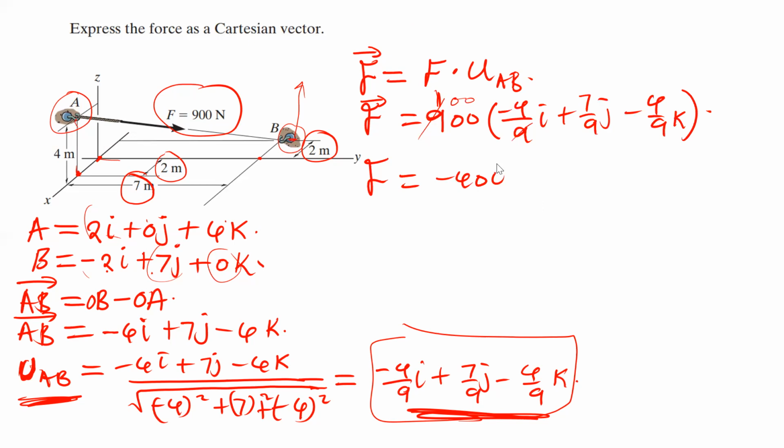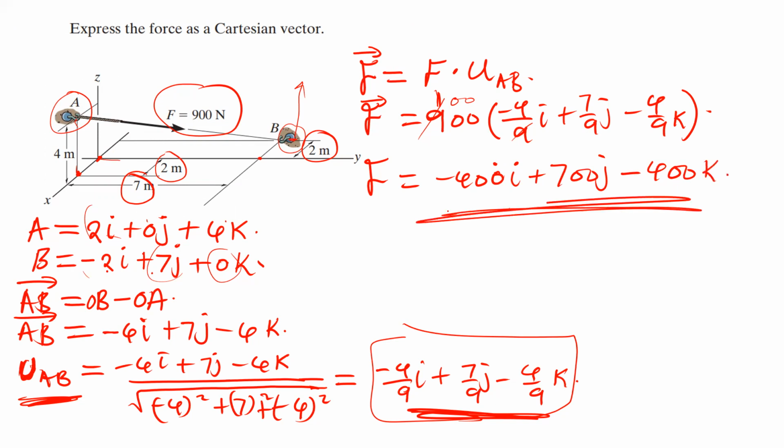Okay, we have a negative 400i, then plus 700j, then we have a minus 400k. So this is the force, this is the Cartesian vector of this force.